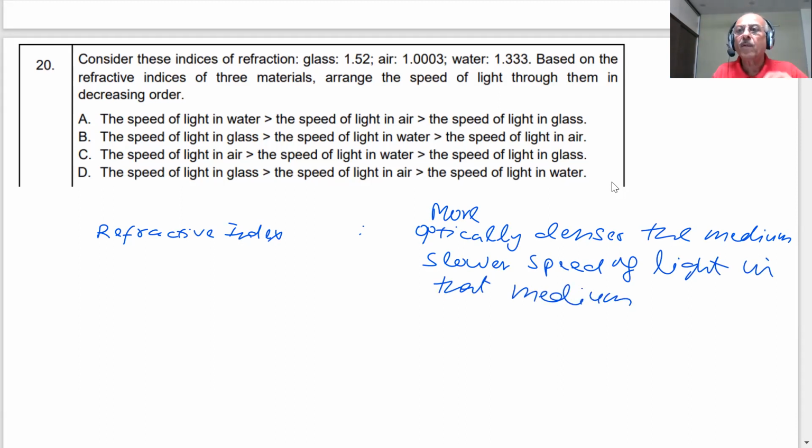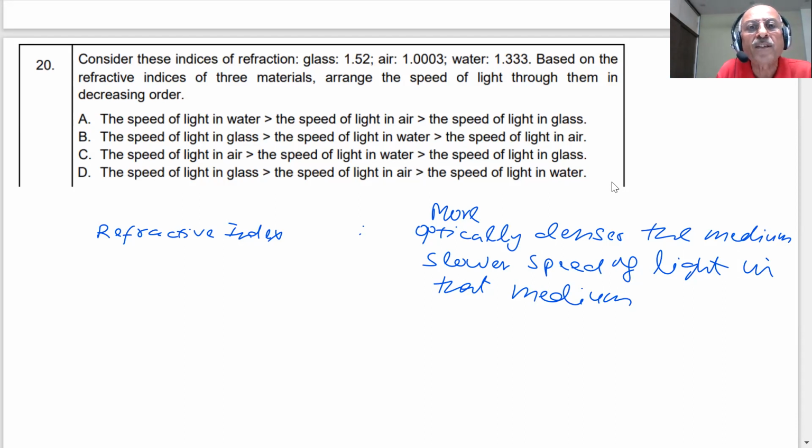In vacuum, the speed of light is maximum, 3 into 10 power 8 meter per second. In air also, there are air molecules, particles, but they are very small, and we assume it to be almost equal. But when it goes to glass, the refractive index of glass is more, because glass is a denser medium. And water also is denser than air. Therefore, the more dense the medium, the slower is the speed.